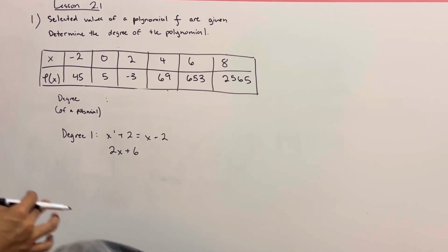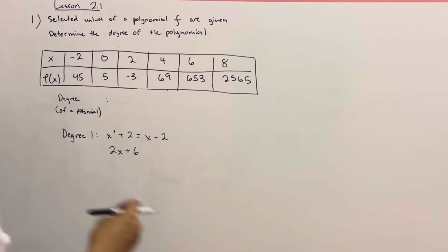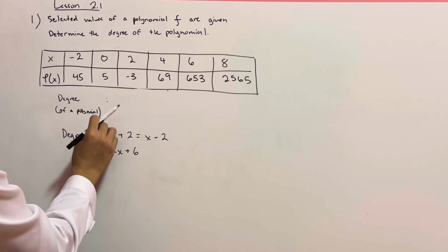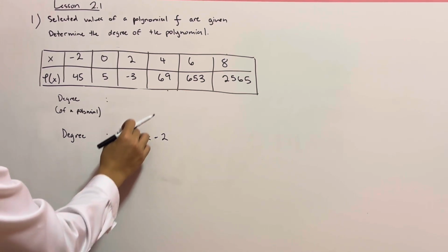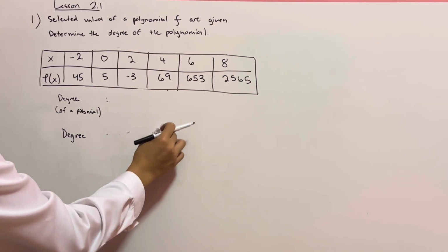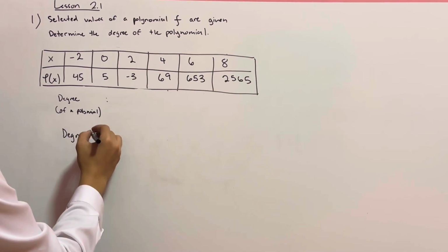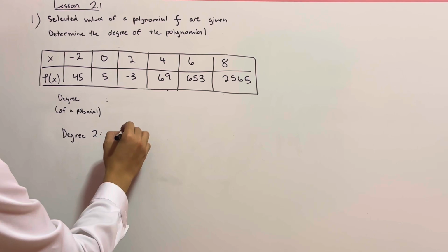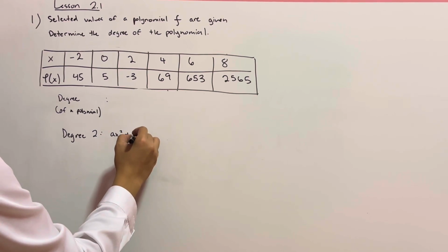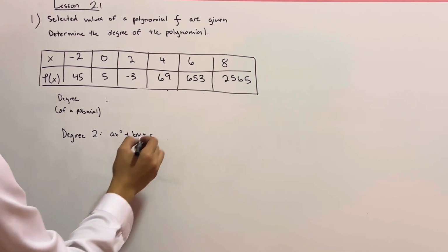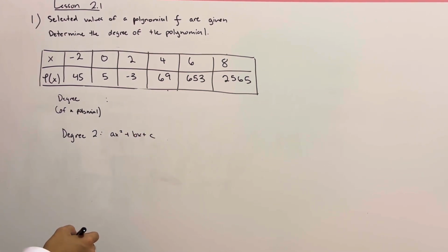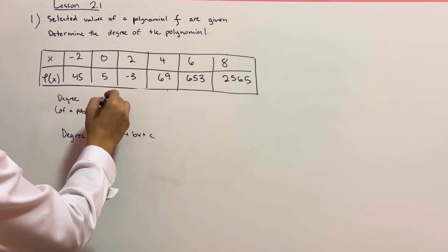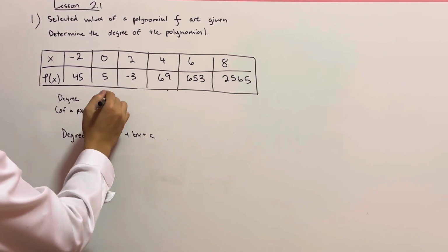So if we go towards functions that have degree 2, those are just quadratic functions. They look like this.